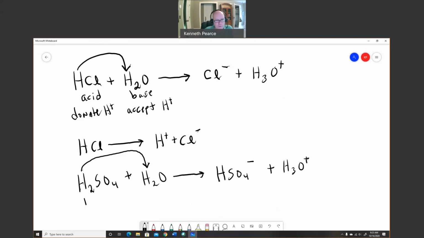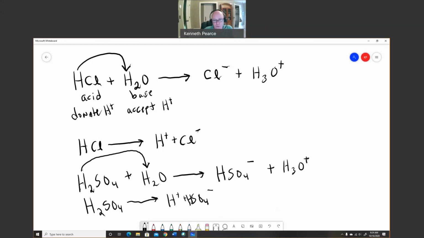And we can also write this, if we're just focusing on the dissociation of the strong acid sulfuric acid, we can say it dissociates into H plus plus HSO4 minus.